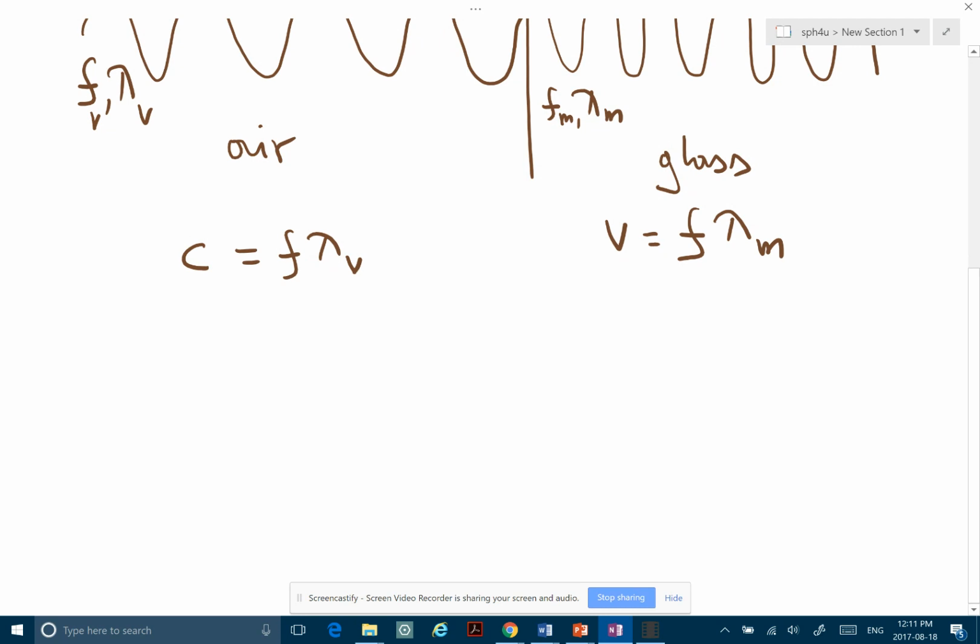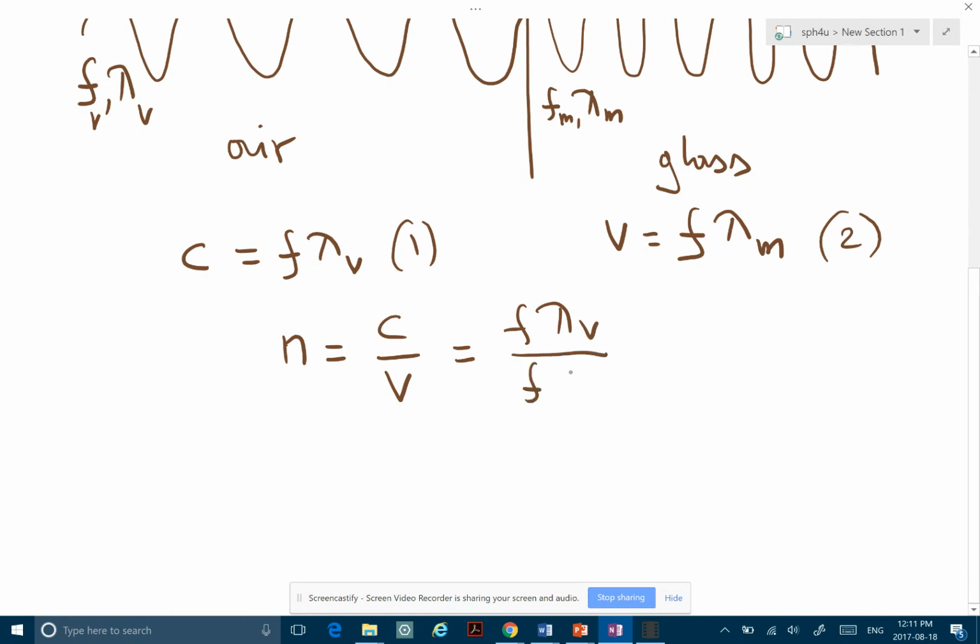Since we have these two equations, n, the index of refraction, is c over v, which is f times lambda in vacuum over the same frequency times the wavelength of that light in a given medium.